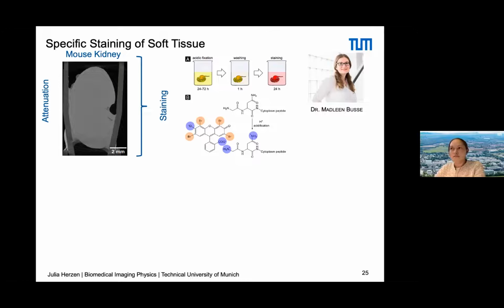I think the staining itself is old. The idea is old, that you drop your sample into something containing high Z materials. Mainly in the X-ray regime, it's iodine-based contrast agents which are used. But what happens is that these contrast agents are non-specific.